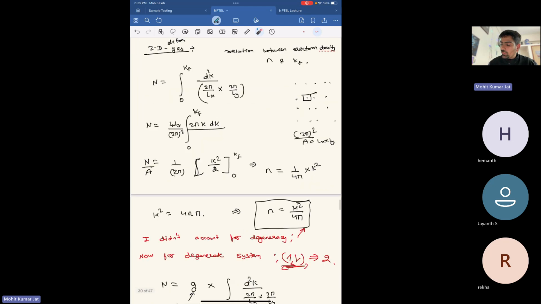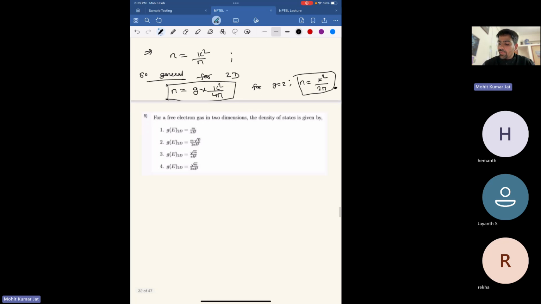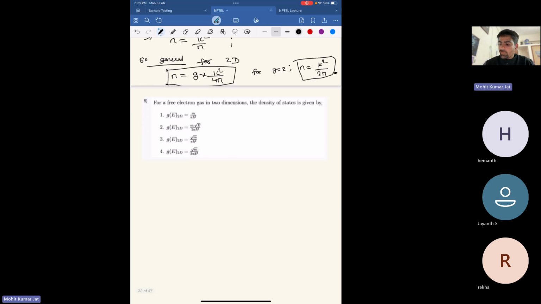Okay. If no more questions, then I'll move on to the next question, which is that for a free electron gas in two dimensions, the density of state is given by. We have already derived the N versus k relation, that is, N equals g times k² by 4π. Now I know that for free electron gas, potential is 0, so total energy will be kinetic energy, and I can write it as ħ²k² by 2m, where m is the mass of the electron.